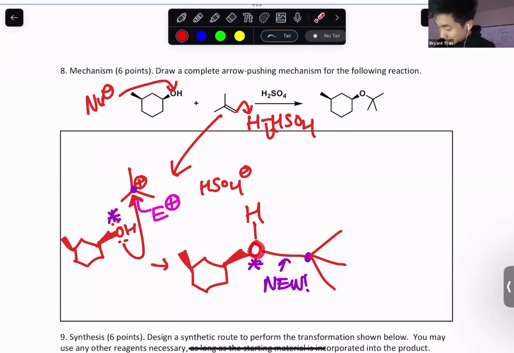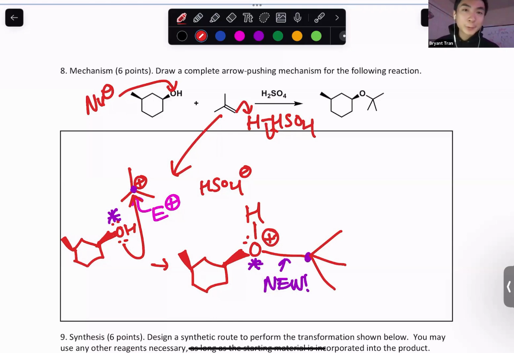A positive charge on the oxygen, because before it had 2 bonds and 2 pairs of electrons, but now when we used one of its pairs of electrons to make this new bond, the 2 electrons of that bond came from this pair of electrons. This oxygen now has 3 bonds and 1 pair of electrons. And when we calculate formal charge, oxygen is in the 6th column, but it has 1, 2, 3, 4, 5 electrons to itself. 6 minus 5 is positive 1, giving that oxygen a positive charge of 1.